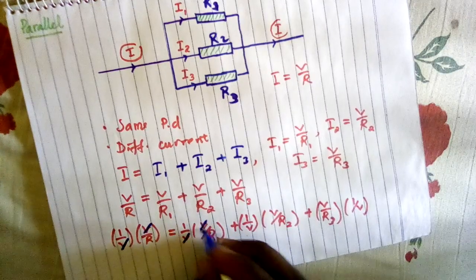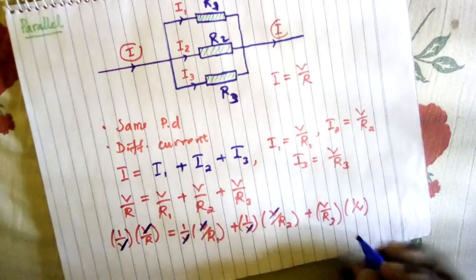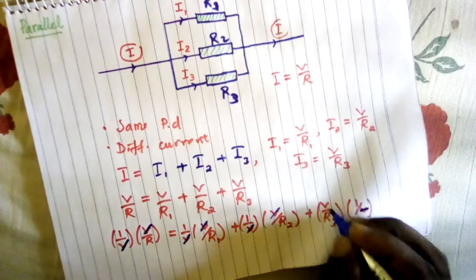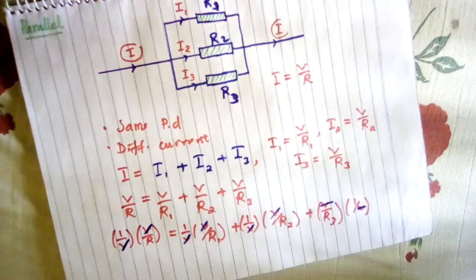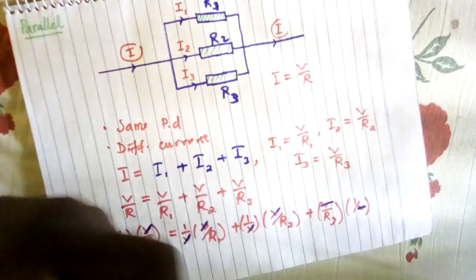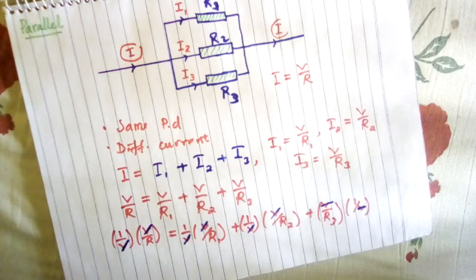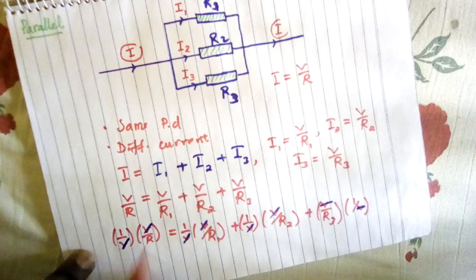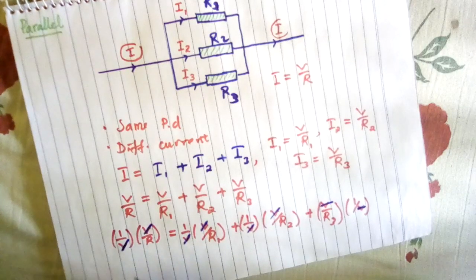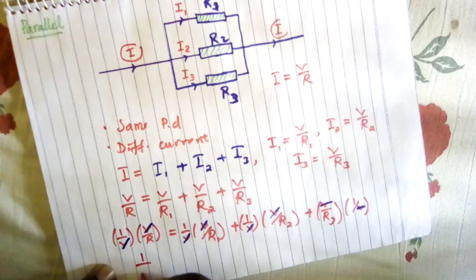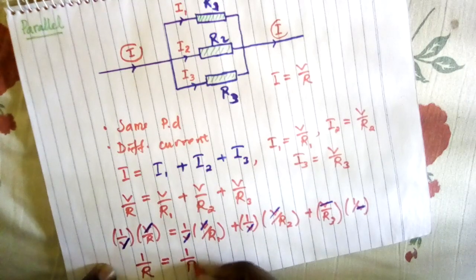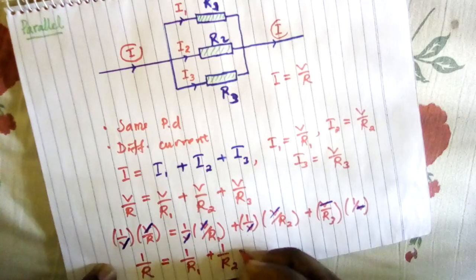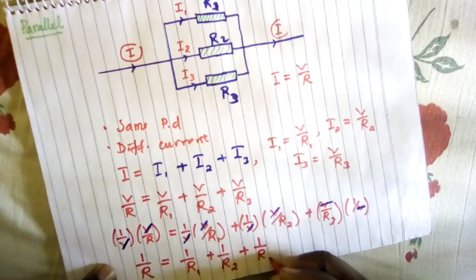And then we can just rewrite the general formula. Remember, we multiply 1 by V over V R. We just remain with 1 over R, then we remain with 1 over R1 plus 1 over R2 plus 1 over R3.